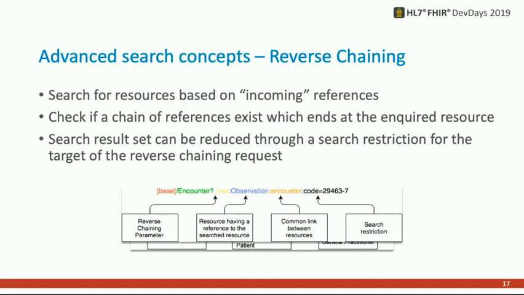So with this code, I want to filter on an element in observation, in that particular case on that code, and then I see if it's somehow linked back to the encounter. And that would be equal to a reverse include if I also want to include the observation back in my search result.